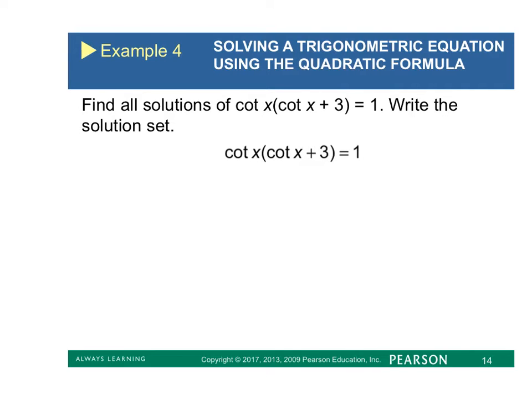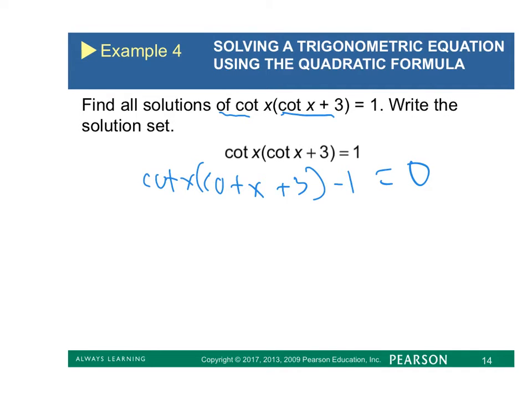Find all solutions of cotangent of x times cotangent of x plus 3 equals 1. Well, I have to get everything on one side. So that's cotangent of x times cotangent of x plus 3, minus 1 is 0.